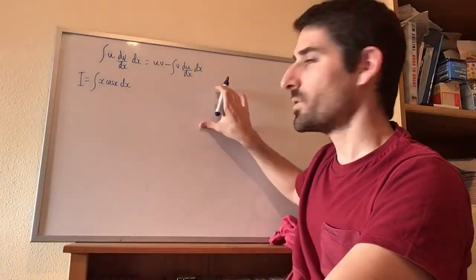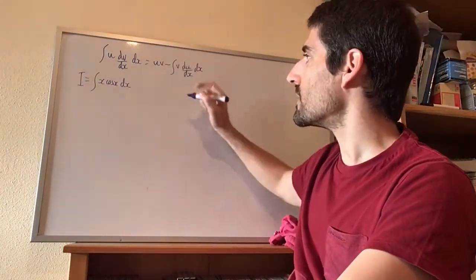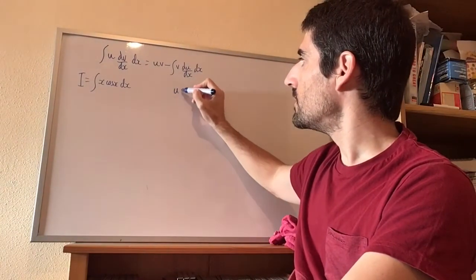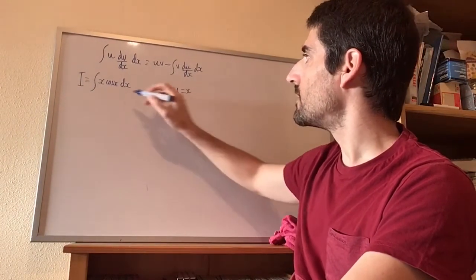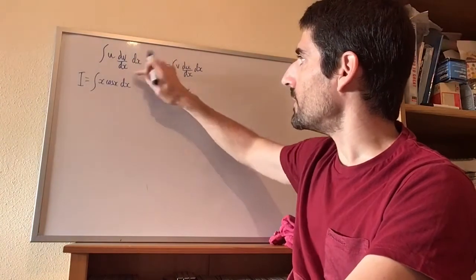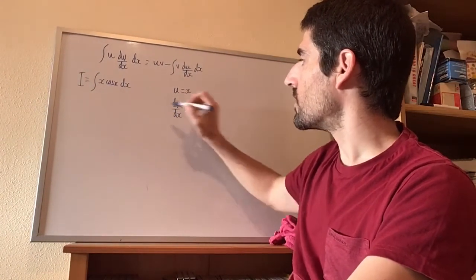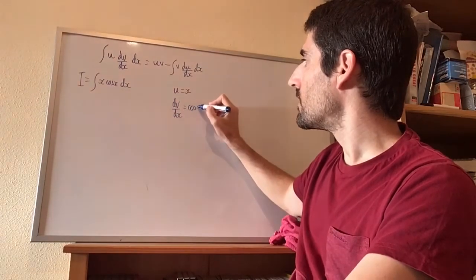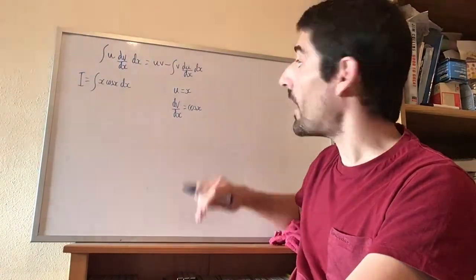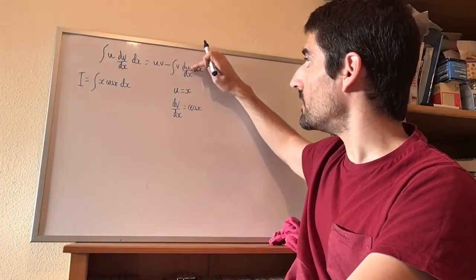So we're going to do some working out here because I need to figure out all these things. So my u is going to be my x, and then my dv over dx is going to be my cos x. Now I'm going to need to integrate du over dx.